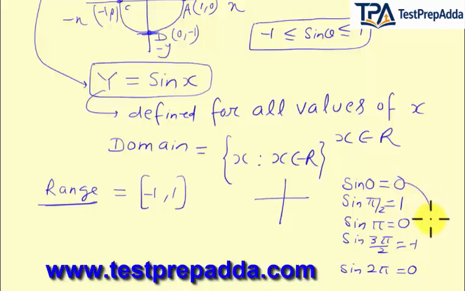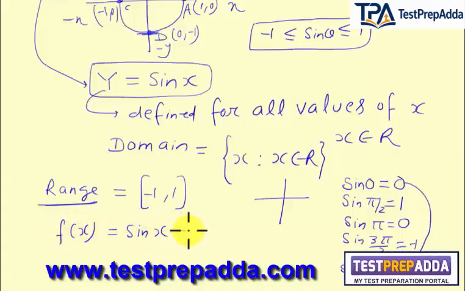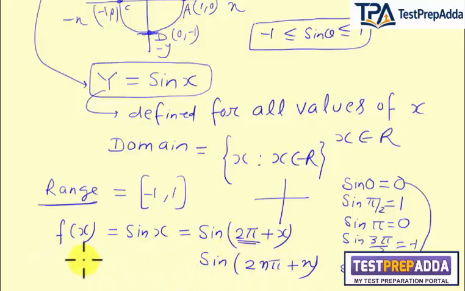So you can see the value is repeating after what? 2 pi. So we can say f(x) is equal to sine x is equal to sine (2 pi plus x). In general, it will be sine (2n pi plus x). The least value is 2 pi. So here the period for sine x will be 2 pi.